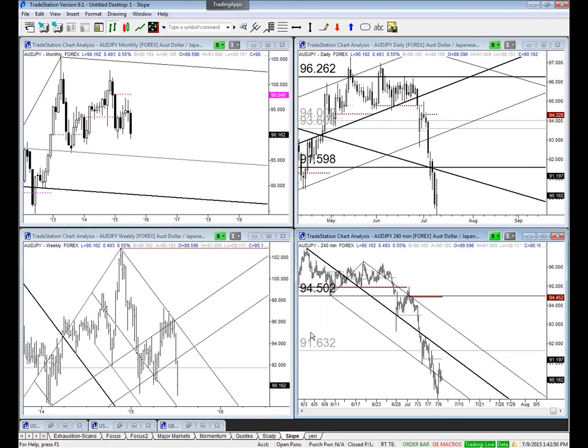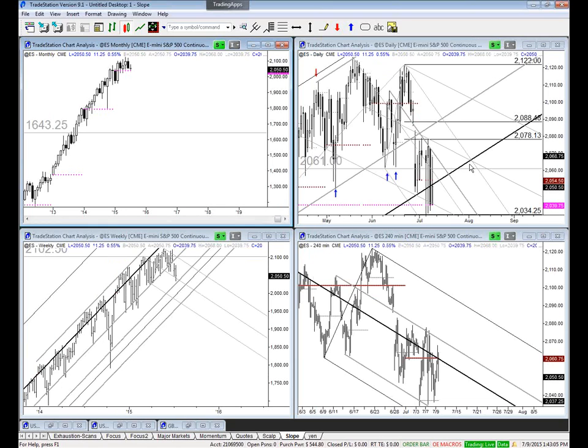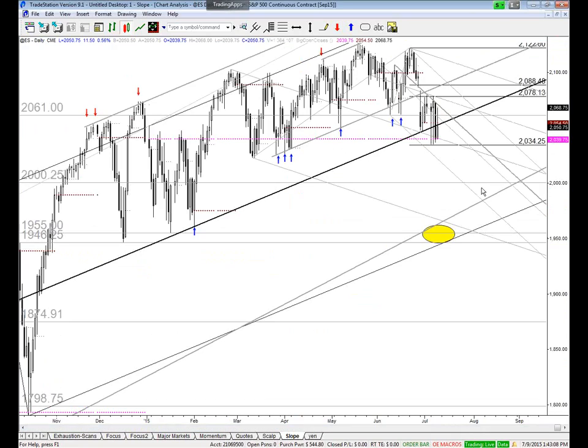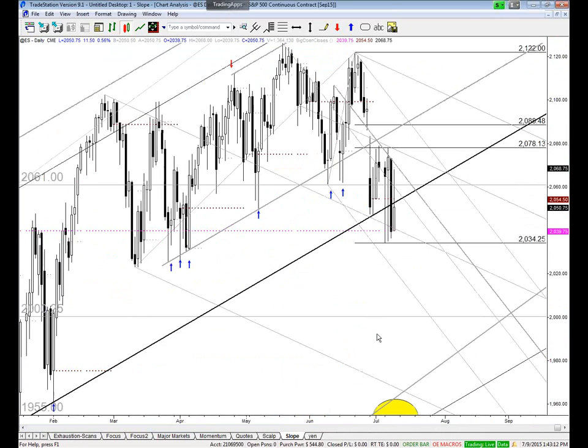So you can see we've got some pretty well defined levels for these yen crosses, Aussie yen, pound yen, etc. While we're on this subject of yen crosses, why don't we look at the S&P. So it's really kind of a mess, an algo mess, if you will, headline-wise, right?